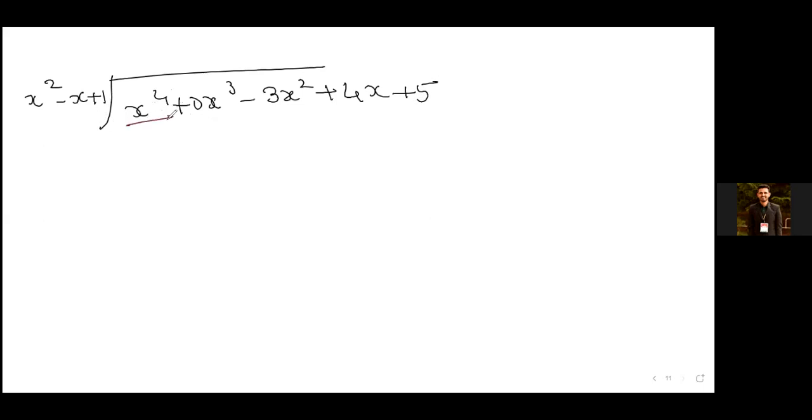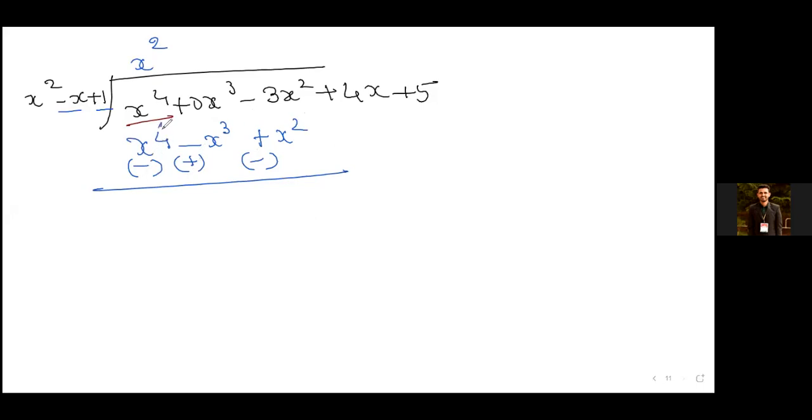We need to get this x to the power 4. For that, we need to multiply with x square. We get x to the power 4. Then multiply to the other terms. We get minus x cube, and plus x square. Reversing the signs, this gets cancelled.